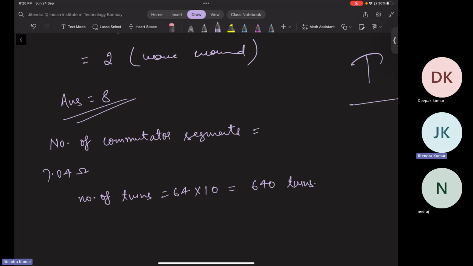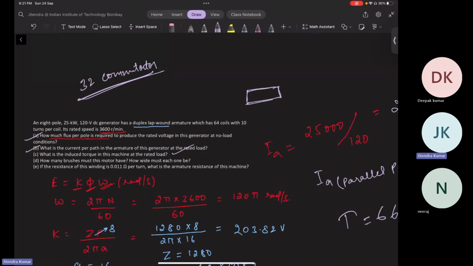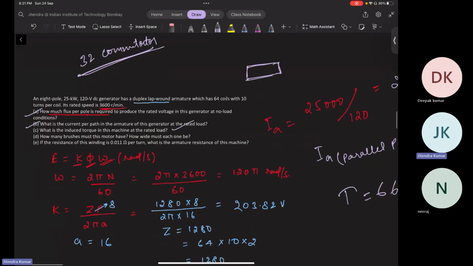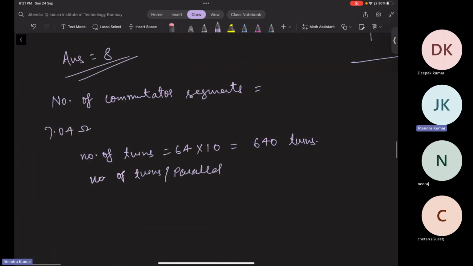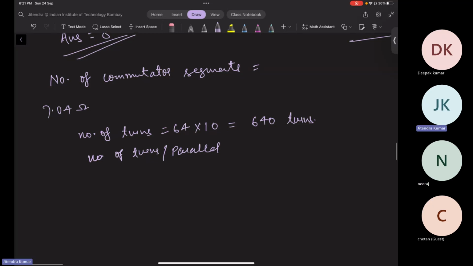And the total number of parallel paths is 16, right? So the number of turns per parallel path: in the question, the resistance is provided for one turn, so first we need to find the number of turns in each path, and then divide by the number of paths, right?